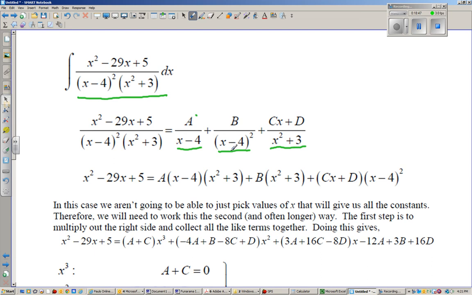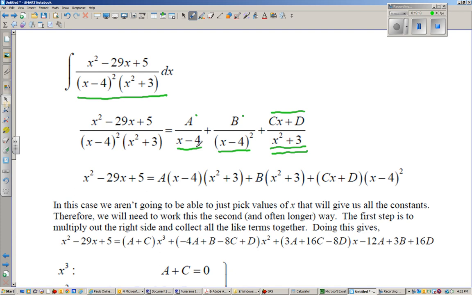And the base, although it can be squared, it's a linear factor squared, and so that numerator over that will be a b. But if you have what's called an irreducible quadratic, then the numerator becomes degree 1 less, that cx plus d. So here's where it gets a little complicated.